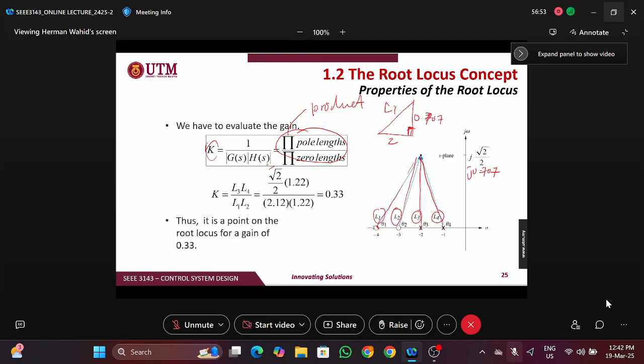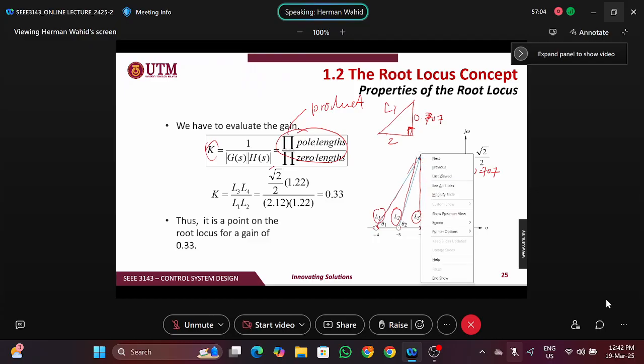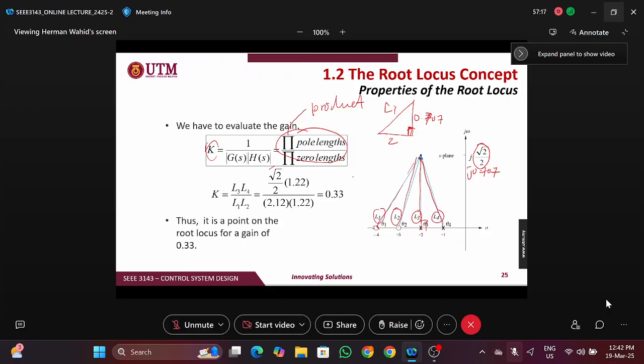So L3 is what? So L3 is here. L3 is the distance between this point to this point, which we can take directly, which is equal to this value, because it is a perpendicular, which is 0.707.